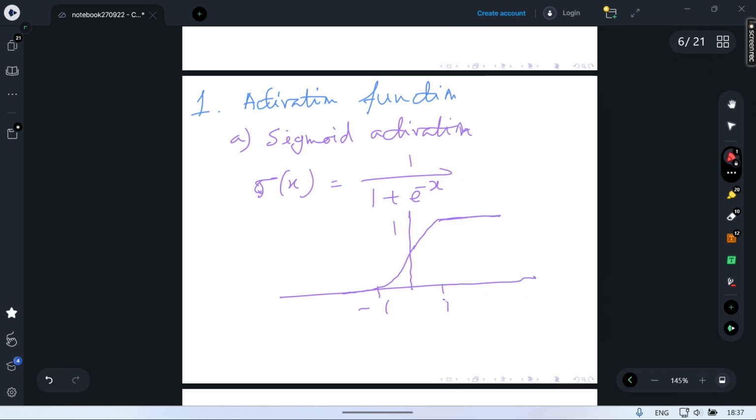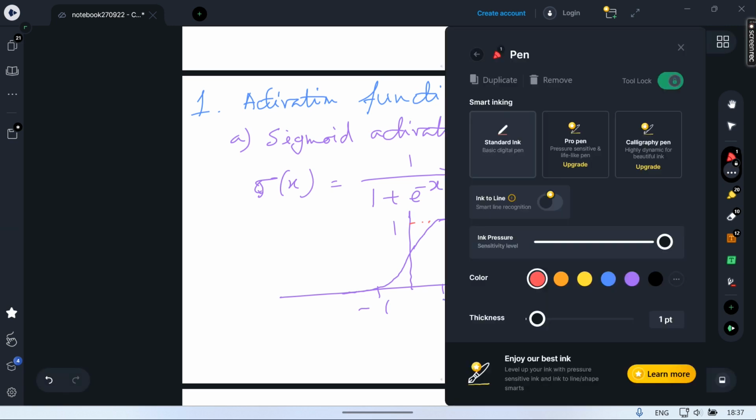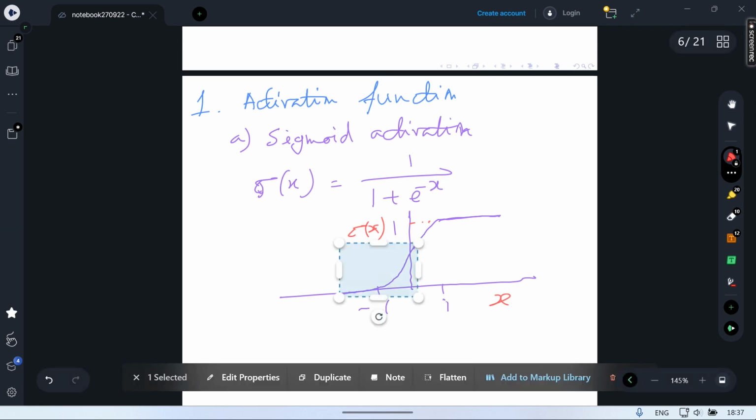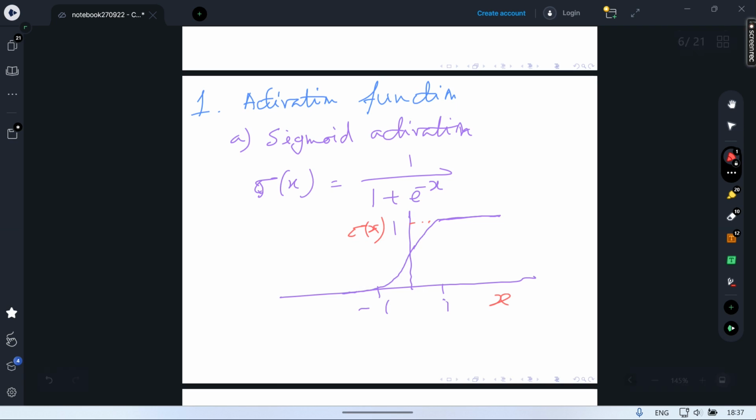So it takes a real value. So this is x, and this is sigma. It takes a real value x, and outputs a value between 0 and 1, and it takes a shape like this. Now what is the advantage?